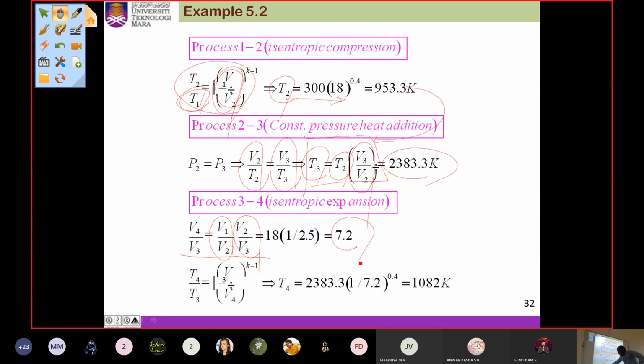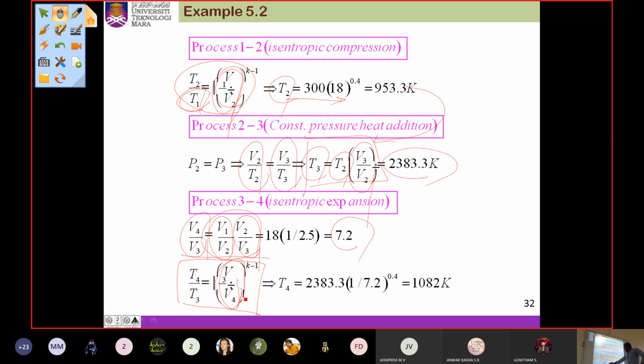Then we can substitute here. So why do we find this V4 by V3? Because we have the equation for isentropic expansion as T4 by T3 equal to V3 by V4 power k minus 1. So we want to find the V3 by V4. For that we can use the compression ratio and cutoff ratio. If you multiply the compression ratio with the inverse of the cutoff ratio, we are able to derive V4 by V3, and that can be used for the calculation of T4 by T3 equal to V3 by V4 power k minus 1.